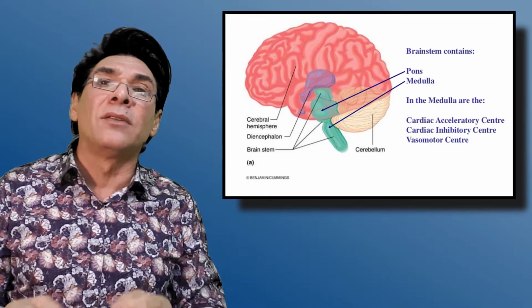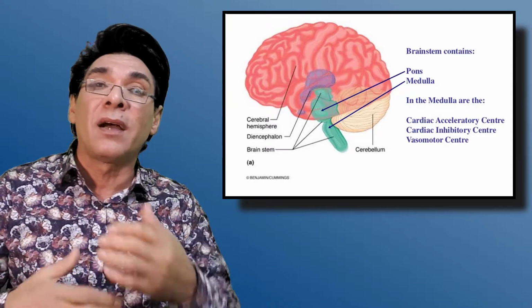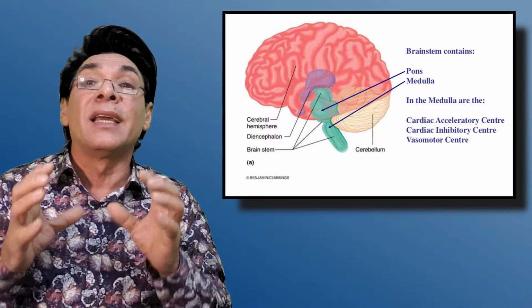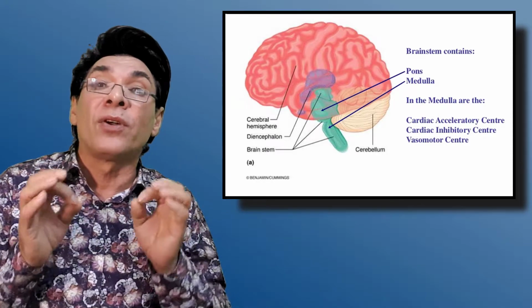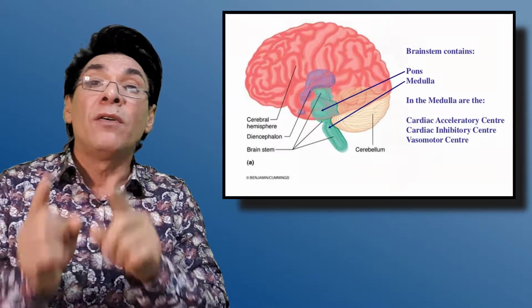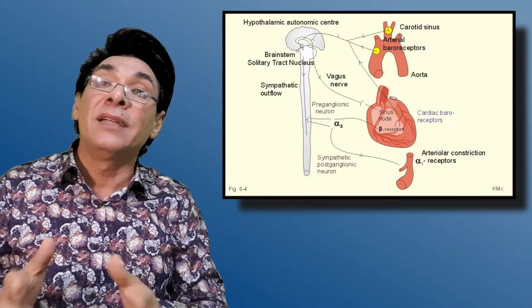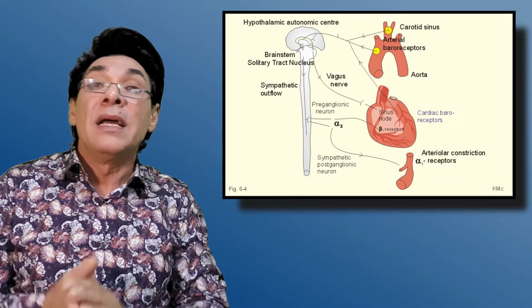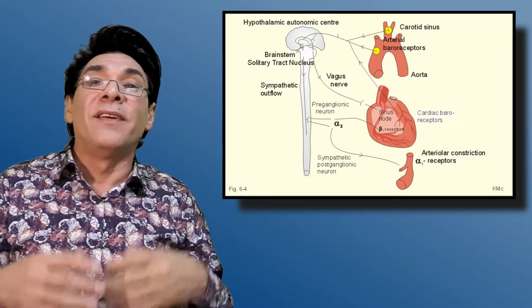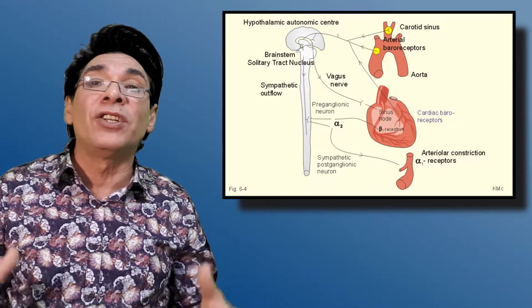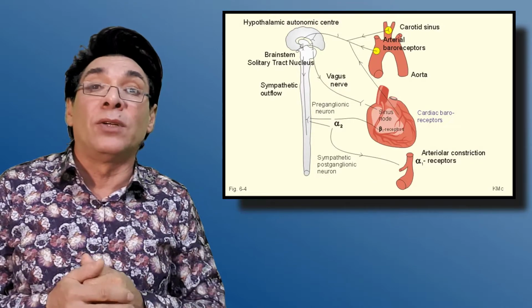The cardio-accelerator center also sends additional fibers forming the cardiac nerves via sympathetic ganglia, the cervical ganglia plus superior thoracic ganglia T1 to T4, to both the sinoatrial and atrioventricular nodes, plus additional fibers to the atria and ventricles. The ventricles are more richly innervated by sympathetic fibers than parasympathetic ones.